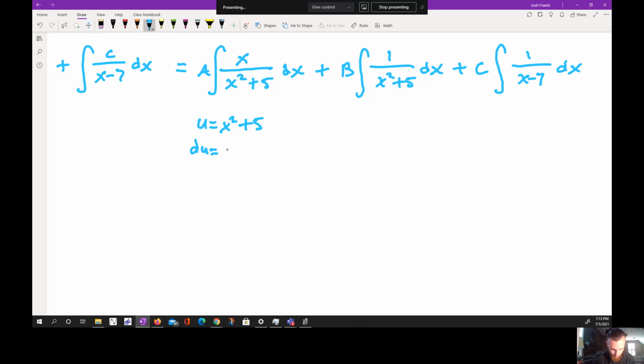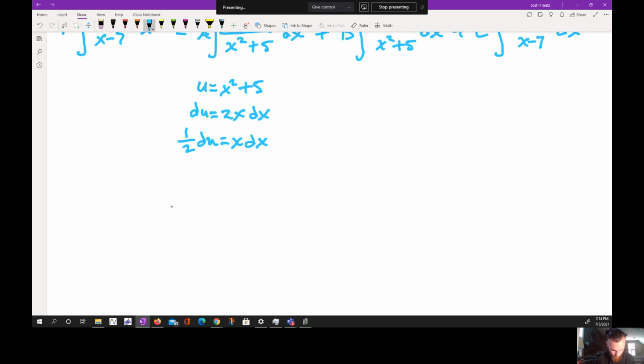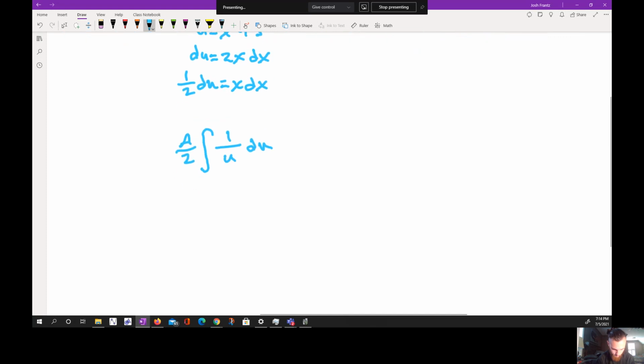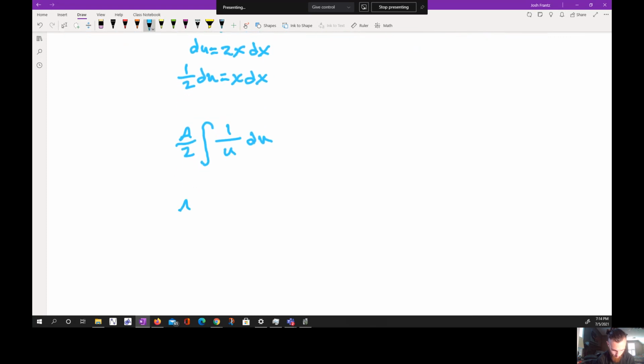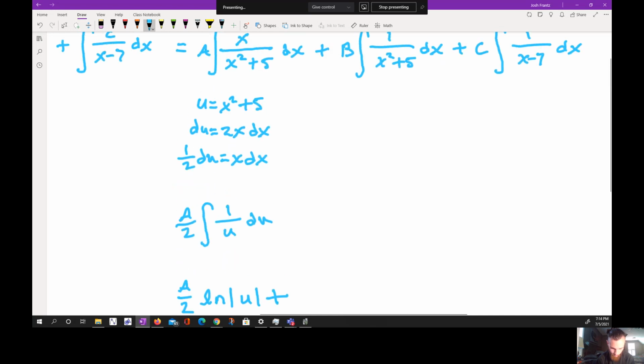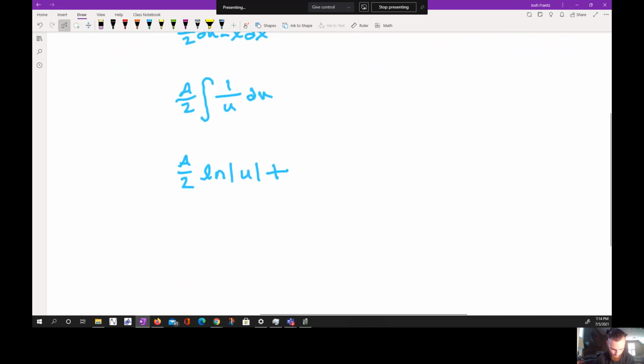Then du equals 2x dx. And we'll have 1/2 du equals x dx. So to rewrite the integral in terms of u, we'll have a over 2 times the integral of 1 over u du, which will equal a over 2 ln absolute value of u plus c, but we have 2 other integrals we need to solve, so I'll just leave the plus there.